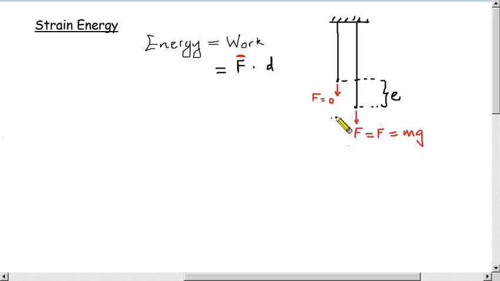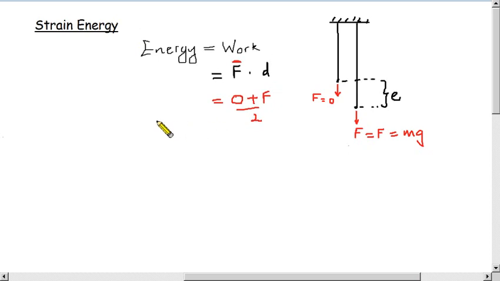Therefore we have to convert this to a constant value, that is the mean value. So how to take the mean value? The first value plus the final value, 2 items, therefore divide by 2. So what is the distance?